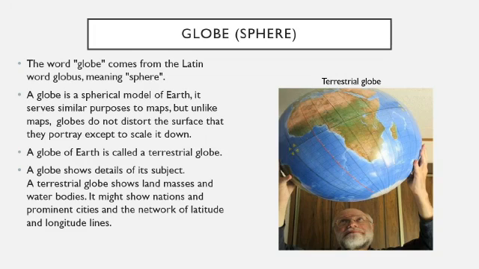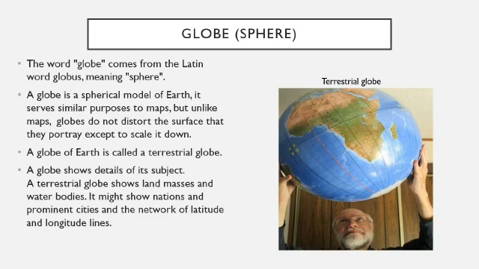Let's get into more detail about the terrestrial globe, what it is, how it functions, and what's its purpose in our lives. The word globe comes from the Latin word globus, meaning sphere. A globe is a spherical model of Earth. It serves similar purposes to maps, but unlike maps, globes do not distort the surface that they portray except to scale it down.